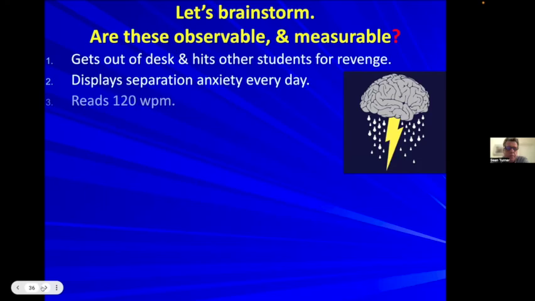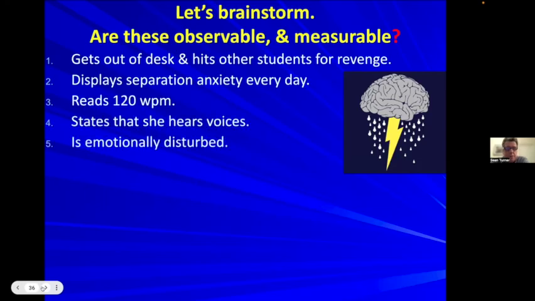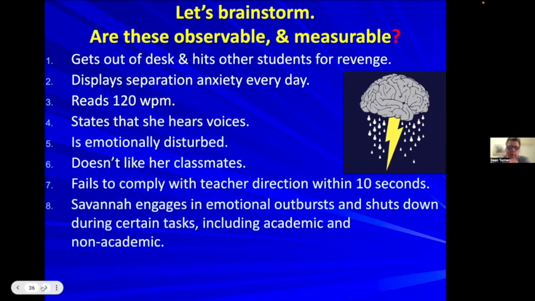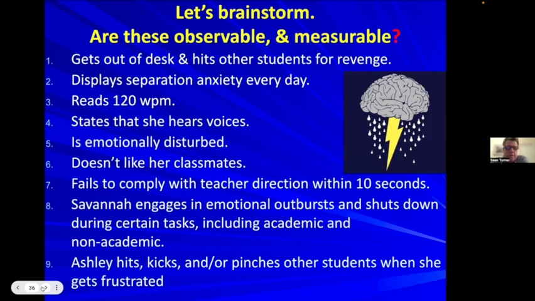I was going to do this as a small group activity, but I am a little bit behind, so I want to be mindful of your time. So we'll just do this as a whole group right now. Put it in the chat: which of these are observable and measurable, and which are not?